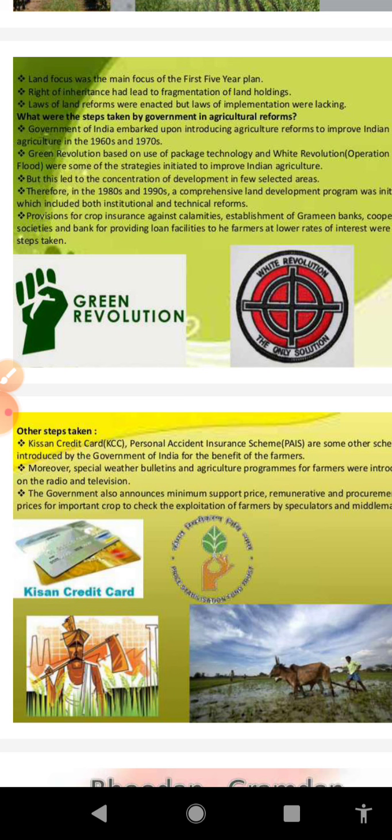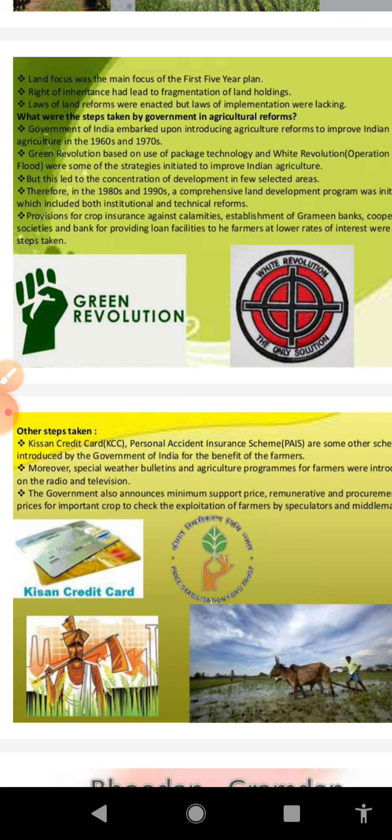Next technological reform, special weather bulletins. Now, special weather bulletins are being broadcast and telecast over radio and television respectively, and these bulletins have greatly benefited the farmers in scheduling their agricultural activities.